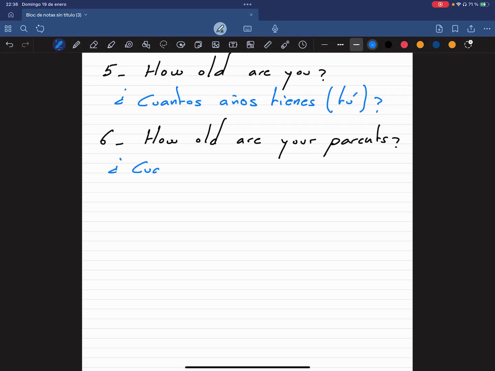How many years? And now the verb tener, but you have to conjugate it for a they, because your parents is a they. Tienen your parents, tus padres. ¿Cuántos años tienen tus padres? How old are your parents?